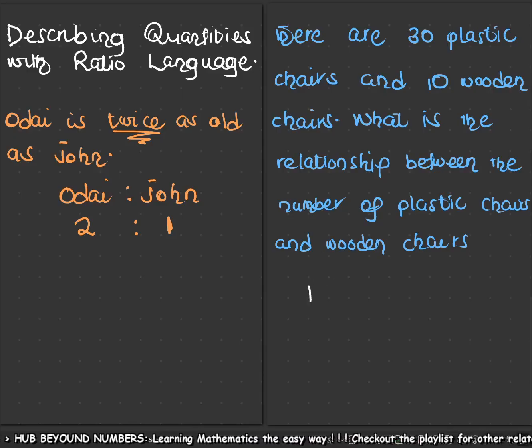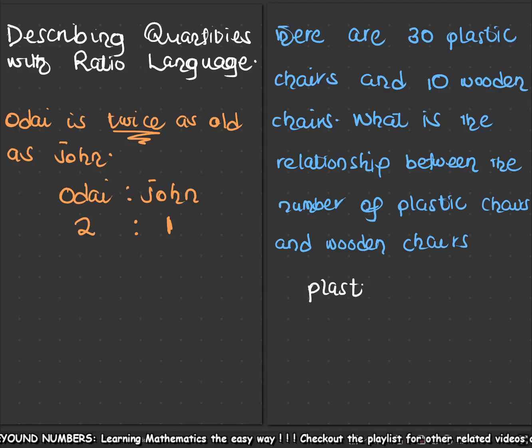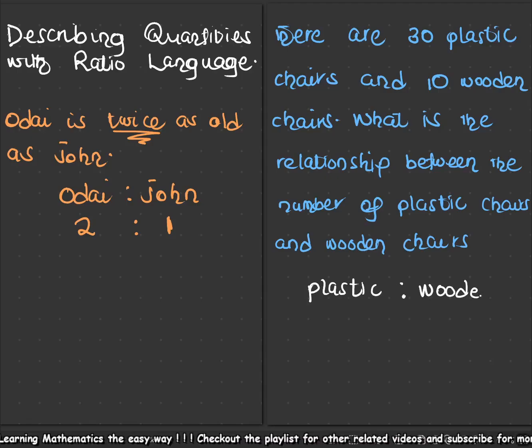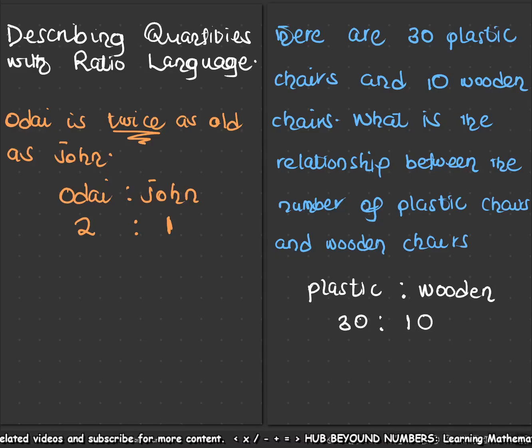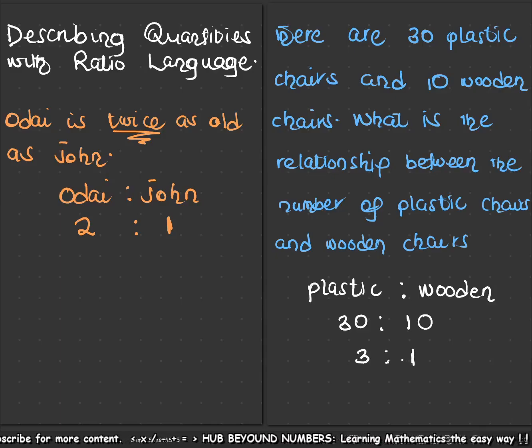So we simply want plastics toward the wooden. And as we've done, we would look for the number of plastic chairs. That is 30 is to the number of wooden chairs, they are just 10. If you are to simplify, you are going to get what?